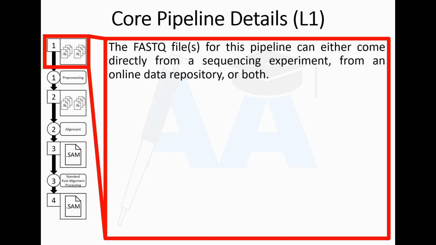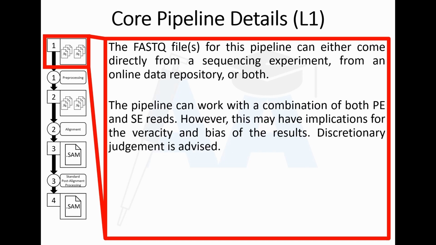The FASTQ files that can be used for this pipeline can either come directly from a sequencing experiment, from an online data repository, or both. It's possible to pull together the reads from paired-end and single-end sequencing. However, this can bias the data, so discretionary judgment is advised.